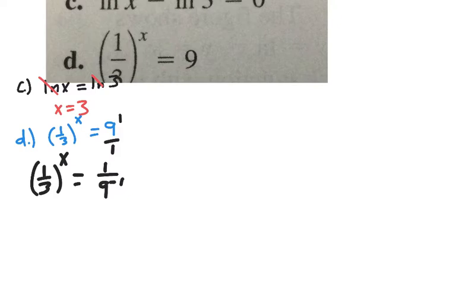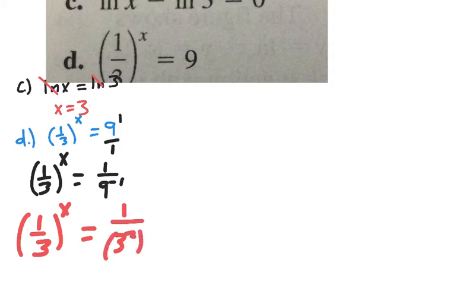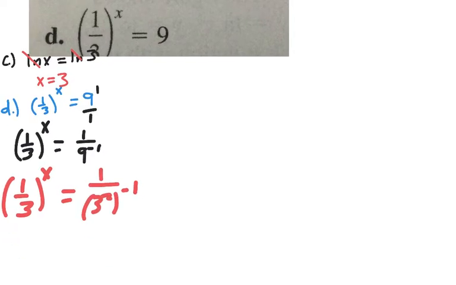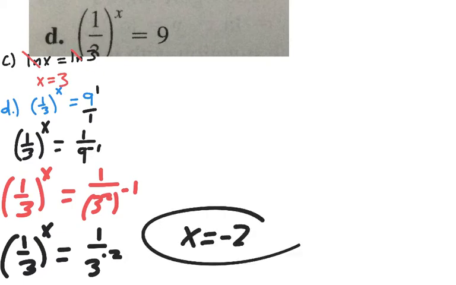Yes, I can. 9 is just 3 squared, and that's raised to the negative first. Now what do I have? I have a power raised to a power. That means I'm just going to multiply. So it's going to be 1/3 to the negative second. So that means x is equal to -2.